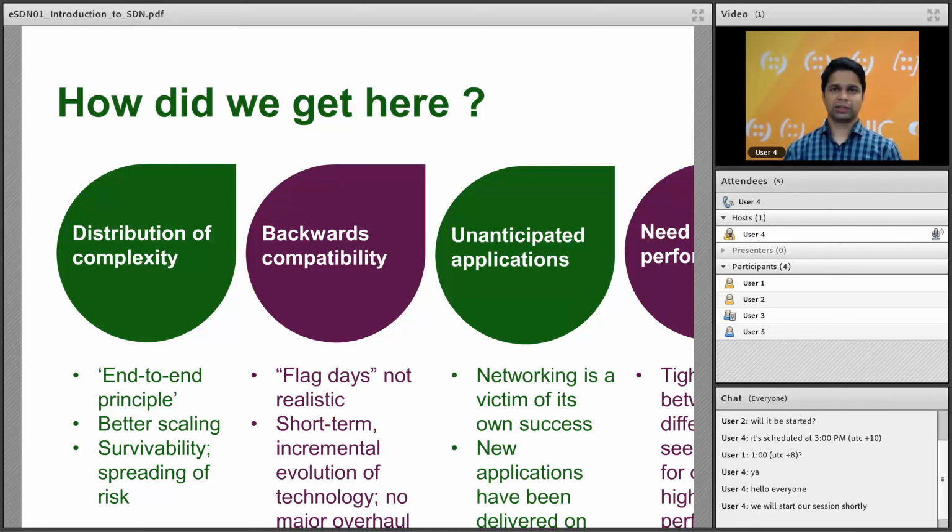Number three is the unanticipated application. We often say that the field of networking is a victim of its own success. The IP network is so successful that we started putting everything on IP networks. We started with data, but voice, video, everything is over IP networks.